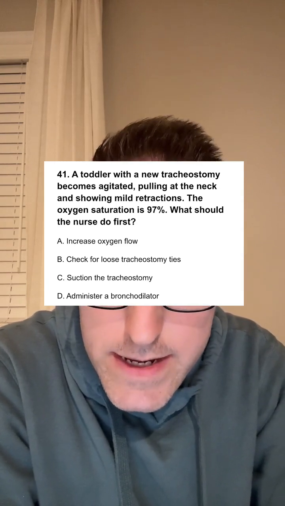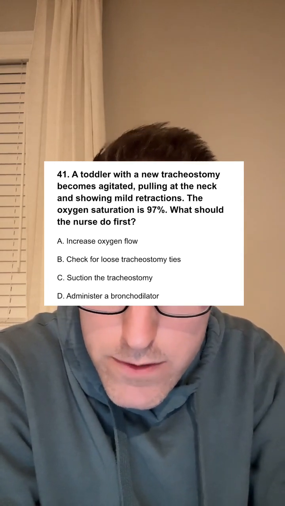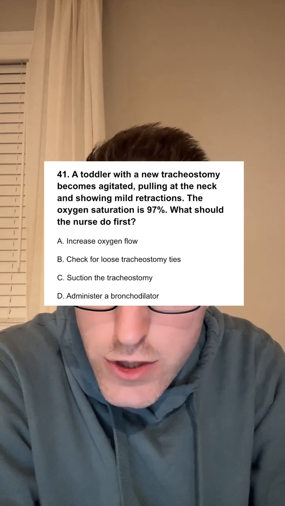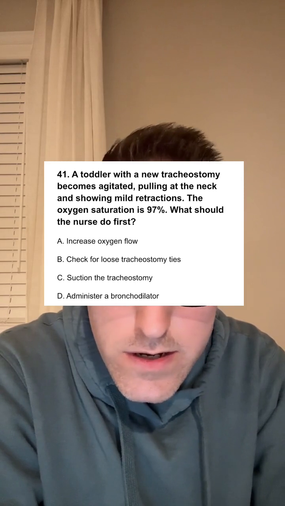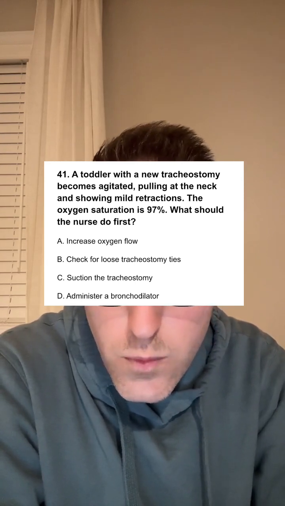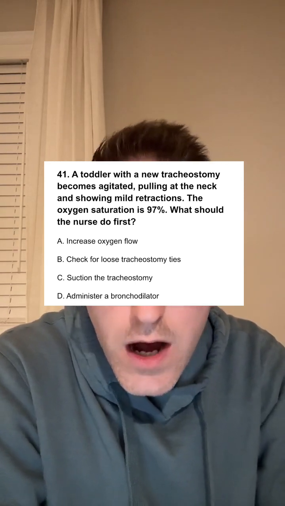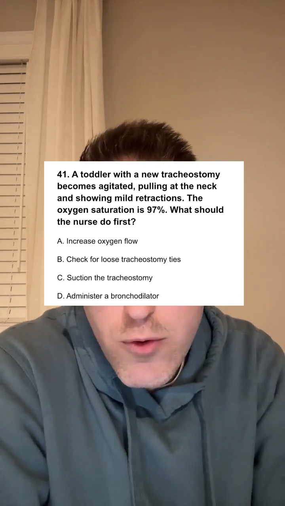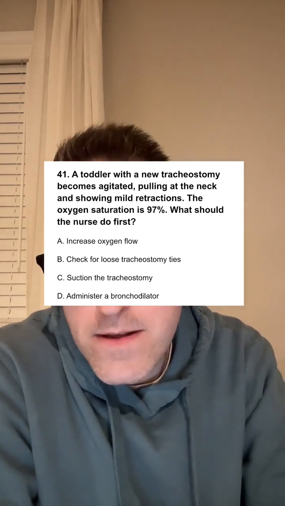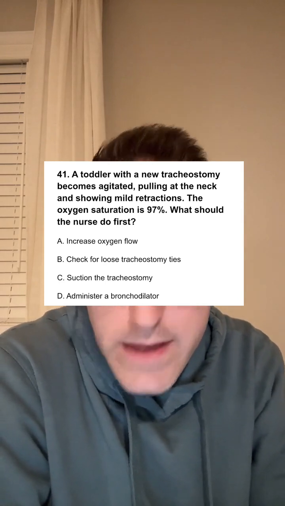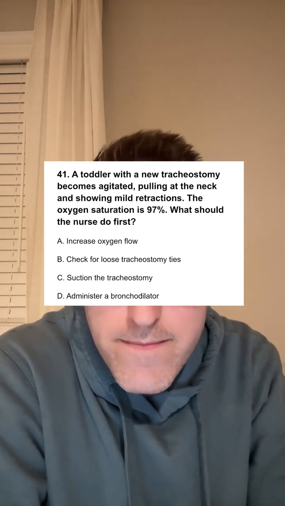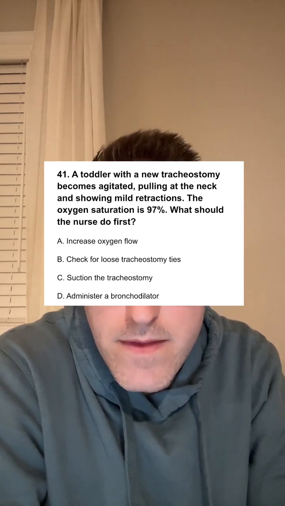41. The answer here is B, which the majority of you got. Check for loose trach ties. New agitation plus mild retractions with a normal SpO2 often indicates that the trach is unstable or partially dislodged. We need to stabilize those ties, which will prevent any sort of catastrophic airway loss.